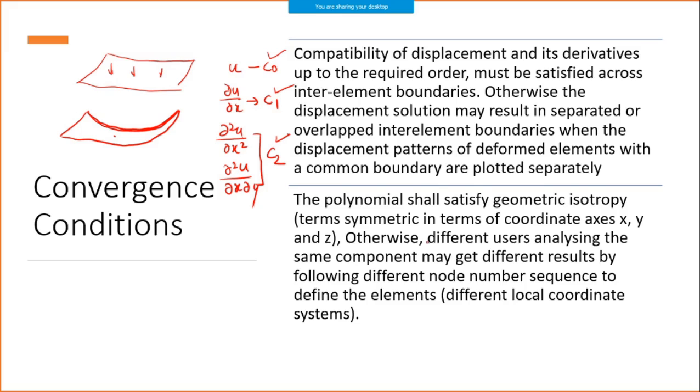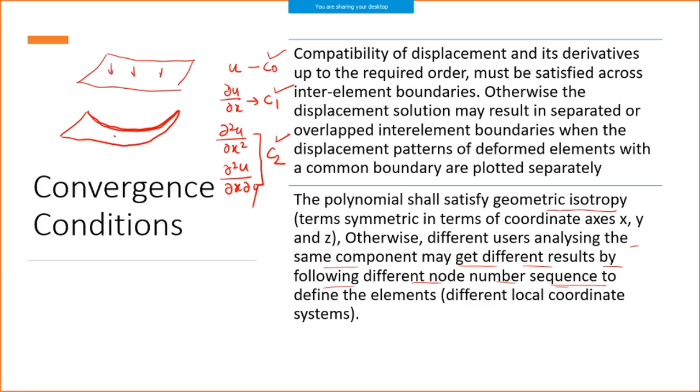Then the last condition is that the polynomial shall satisfy geometric isotropy. Geometric isotropy means that whatever material you are assuming is isotropic in all directions in its properties. That also has to be taken into account. Otherwise, different users analyzing the same component may get different results by following different node number sequences. If I change the node number sequence, I will also get different results.